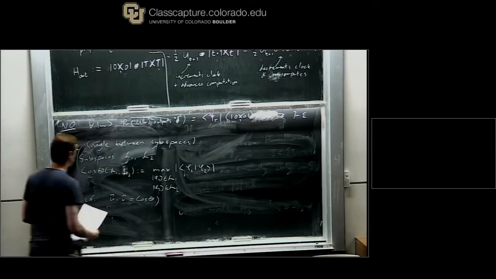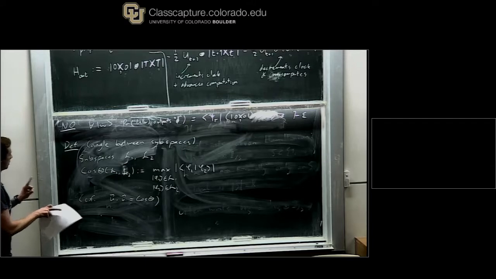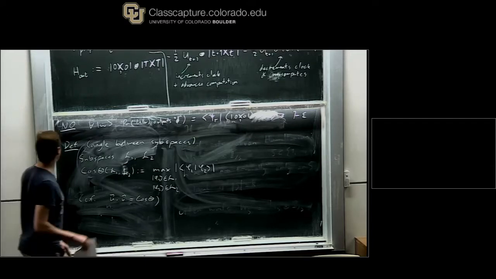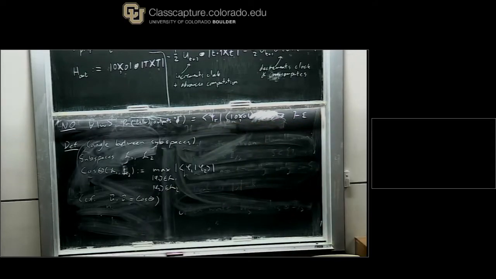Now we're just looking at the minimum angle, so the maximum cosine of any vectors in those two subspaces. Okay, so that's just a definition. And now with that I can state Kitaev's geometrical lemma.